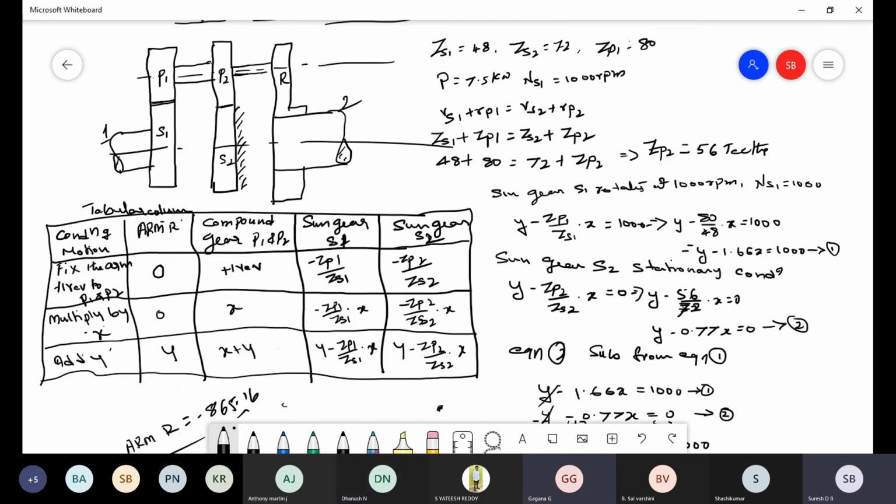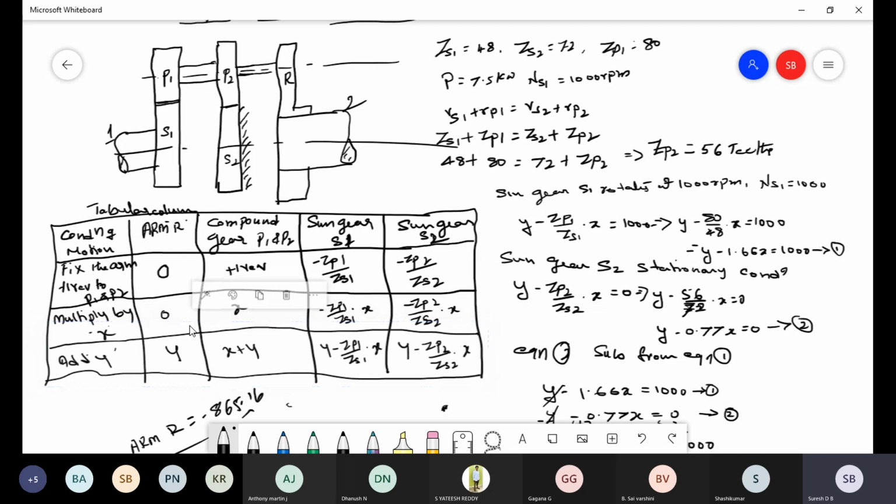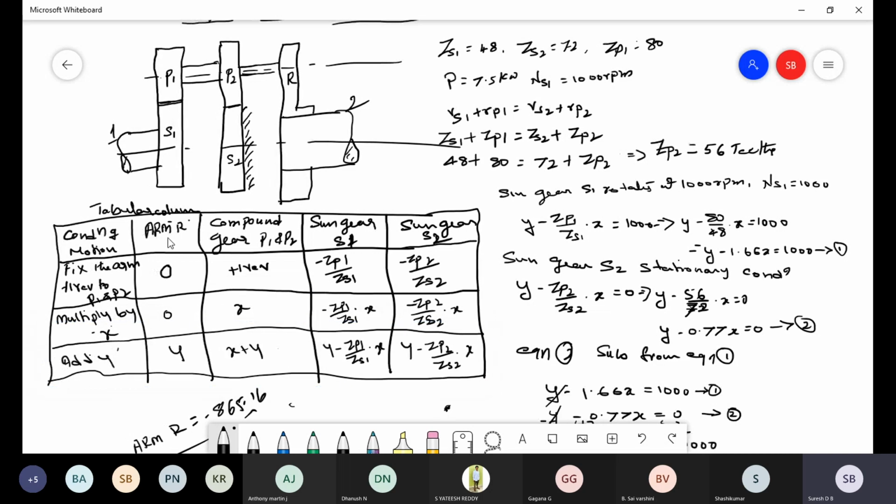No, sir. Like that you can find torque and different gear speeds and different T's on individual gears. But this tabular column is very important for all the problems. For the first condition, always consider the ring gear R as the first one. Then R is connected to the compound gear. Like that, in series, you consider all the gears.